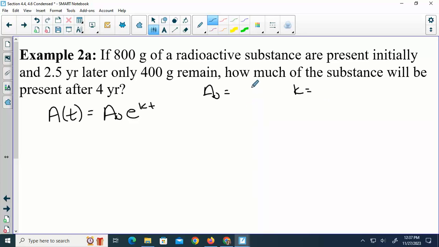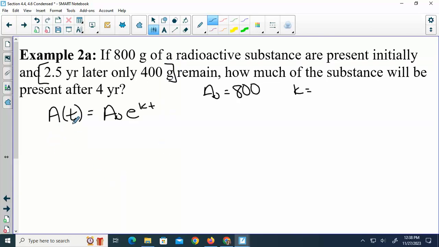My A sub 0, how much did we begin with? Did I give you the k value, the constant? No. But I did give you some information to find it, because I told you at a given point in time how much we had left.